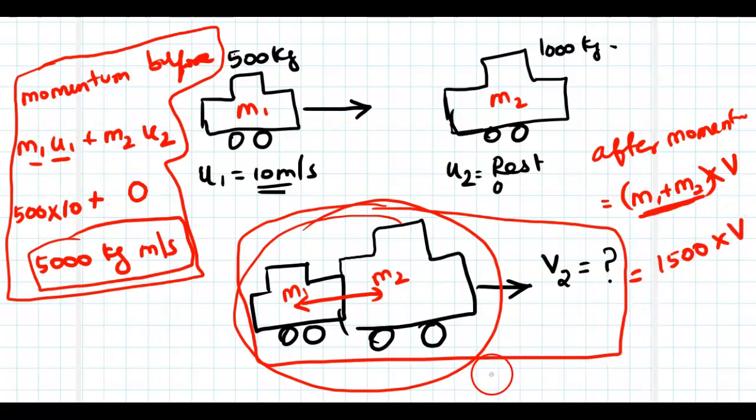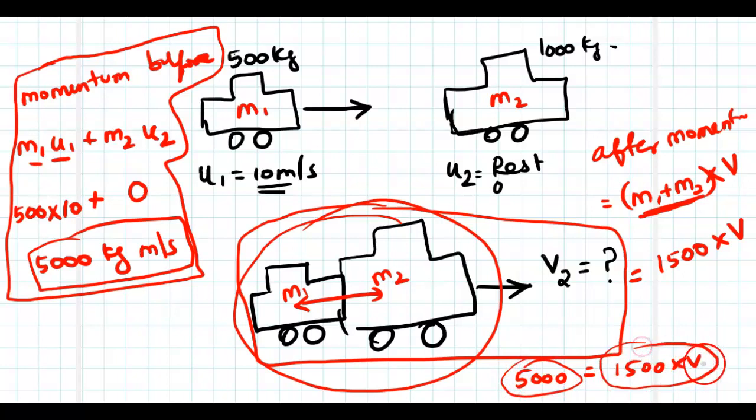So conservation of momentum says momentum before collision is equal to momentum after collision. Using this you can solve for velocity v. So v will be 5000 divided by 1500, which is 3.3 meter per second.